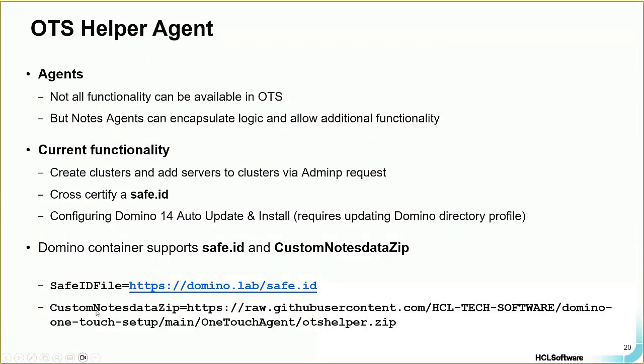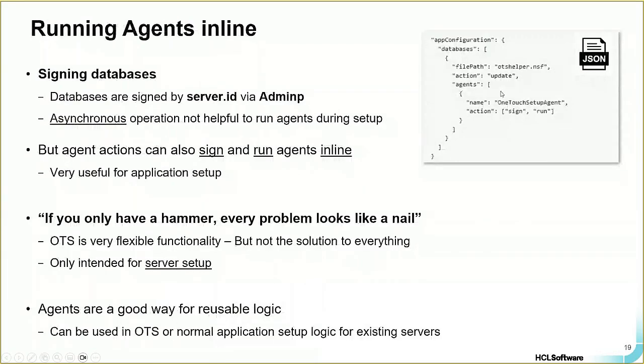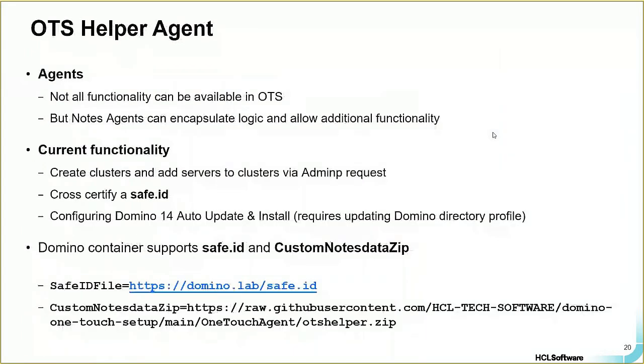If your server has internet connectivity, you can just specify an environment variable, custom nodes data zip. Then it puts that into your data directory and extracts it for you. And then in my simple nodes database, I'm leveraging this OTS helper, and I specify this in my configuration, then done. This downloads the database, unzips it, and runs the agent.